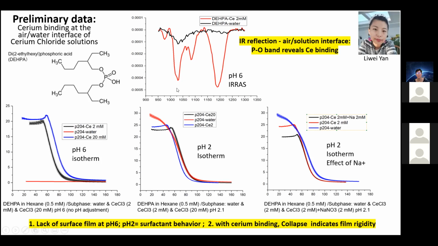At the very top, with the same solutions, the black is on water, and with DEHPA and the cerium, you get a huge phosphate band. Again, a telltale sign that the phosphate is binding to the cerium. And we've done other work on that.